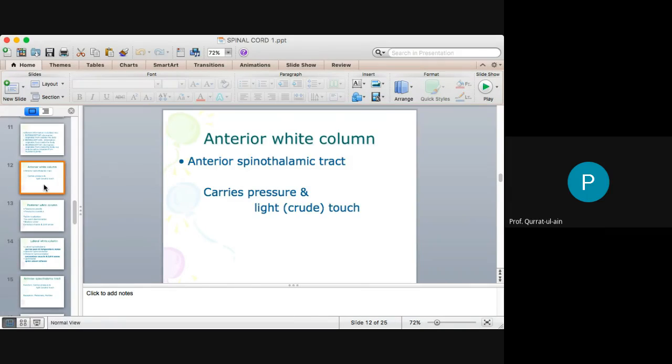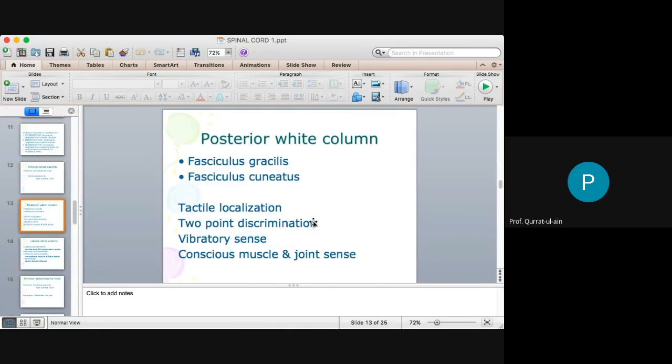The anterior white column tract, which is the anterior spinothalamic tract, carries pressure and light touch or crude touch. Light touch is with the cotton, you touch and you can feel the sensation. This is a light touch or a crude touch, right? The posterior white column, which is the fasciculus gracilis and cuneatus, is responsible for tactile localization, two-point discrimination, and vibratory sense.